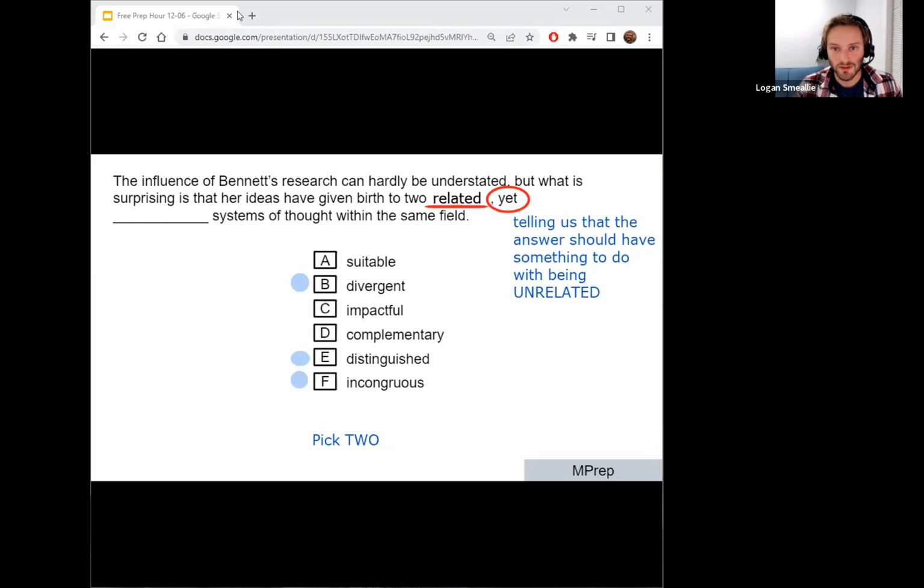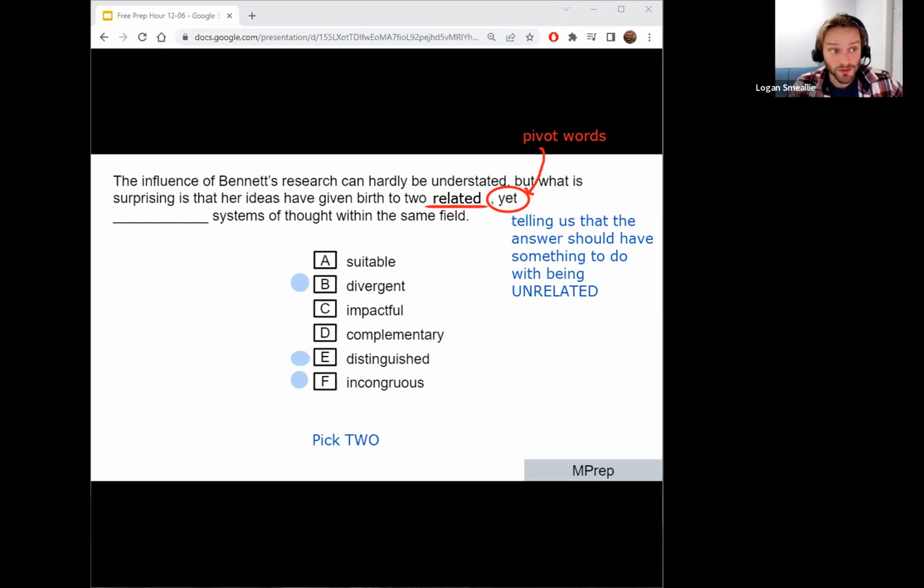If you haven't studied vocab questions much yet, we often call words like this pivot words, places where the sentence changes direction and leads you into the opposite of one of the pieces of evidence. This is telling us that the answer should be unrelated.